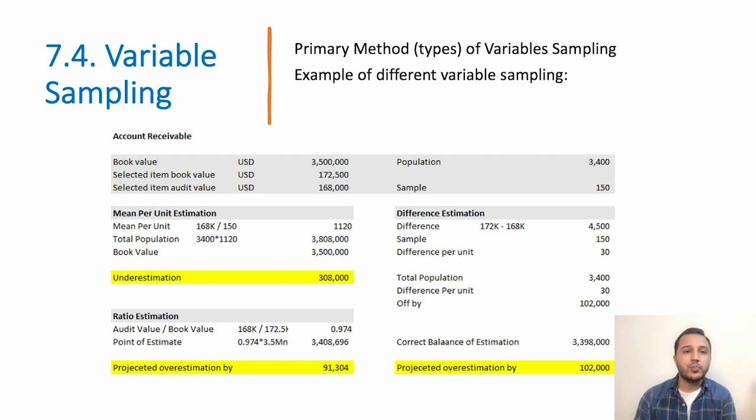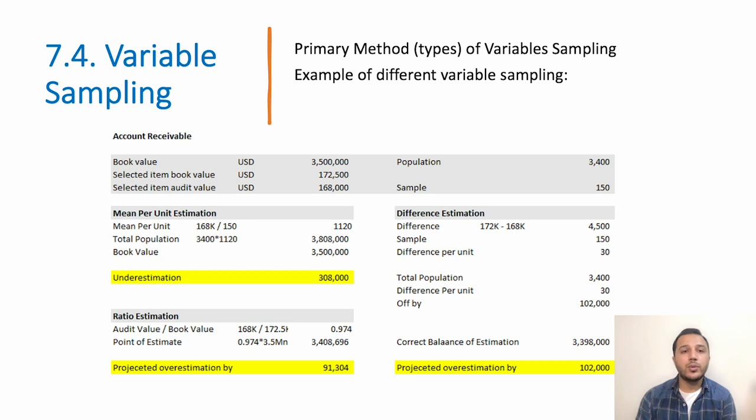Based on the balances we checked with those customers, whose recorded balances comprised 172, we came to know, after maybe customer confirmation or through source documents, that the actual balance is 168,000.